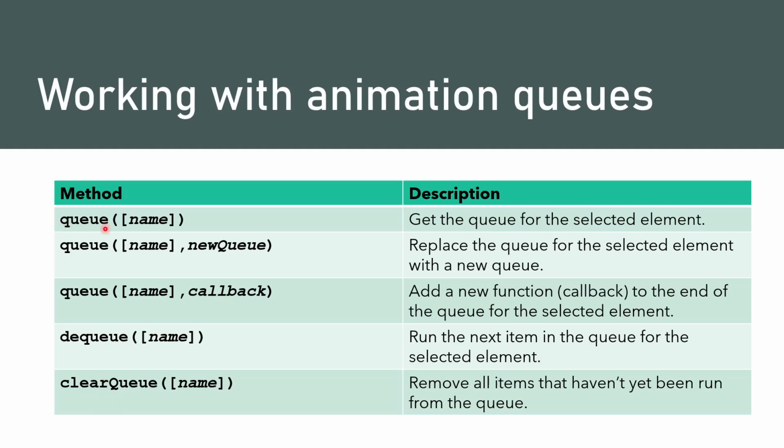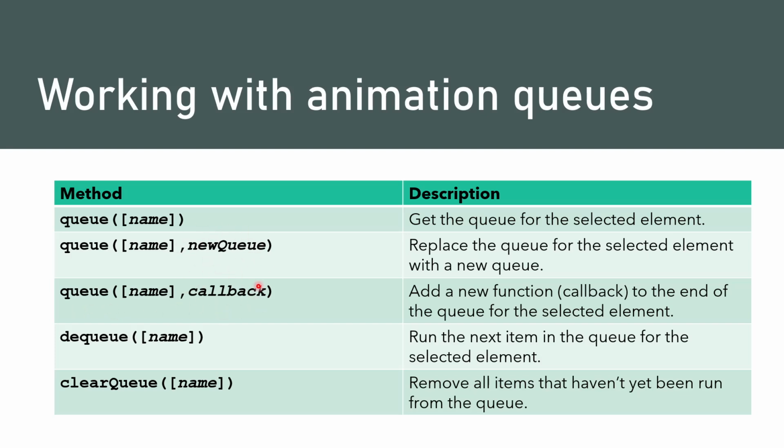So if you just call queue, that will get the queue for the selected element. But if you pass in a new queue, so if you set up your own queue, or if you get a queue from another element, you can replace a queue for a selected element with a new queue.